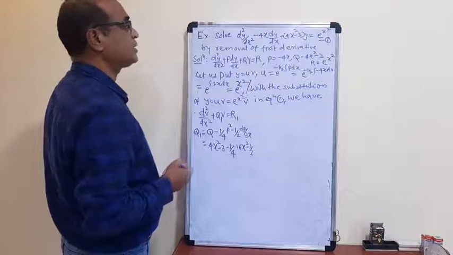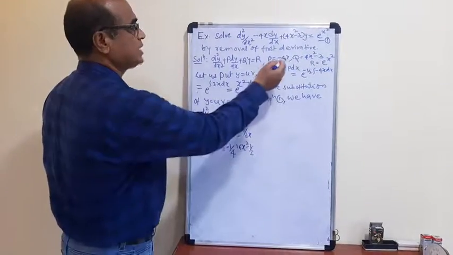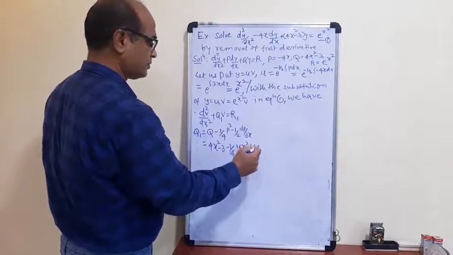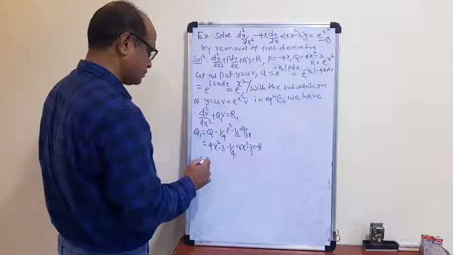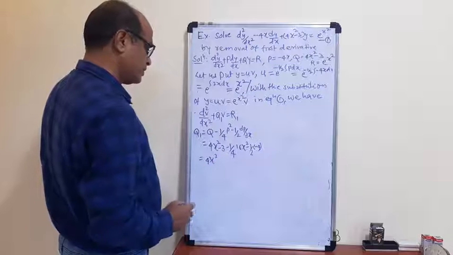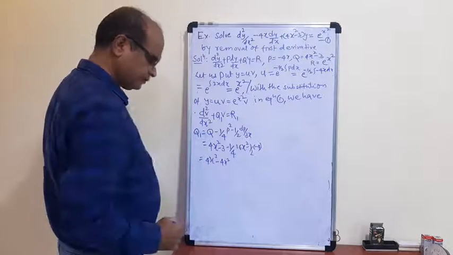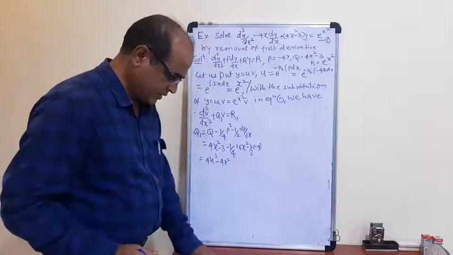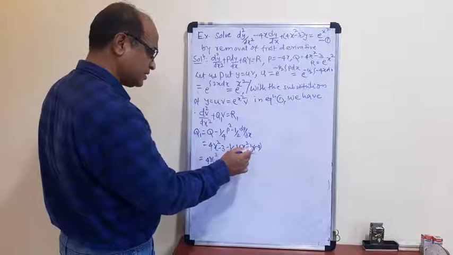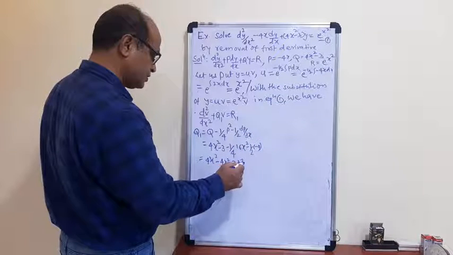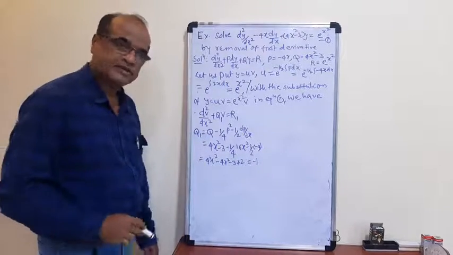What is dp by dx? The derivative of p with respect to x, that is minus 4. So this is 4x square, this is also minus 4x square, and this is minus 3, and minus into minus gives plus 2. So this is equal to minus 1. So q1 is minus 1.